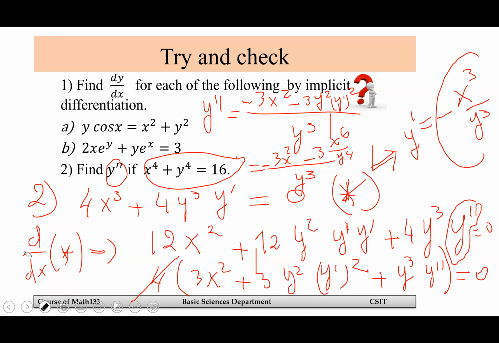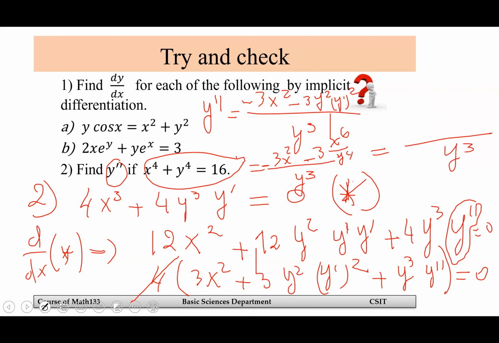Let me make some room here. So it will be equal to something over y cubed. There is a minus 3 common factor, so I will put it outside the fraction. And then I will make the same denominator.